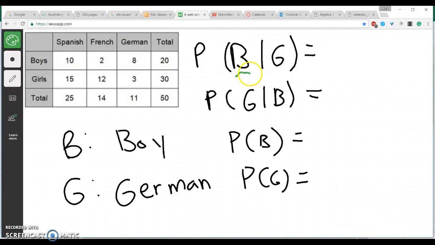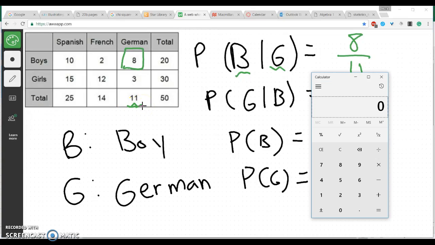Okay, so we're going to do the probability of B given G. So the probability of B, given that the person has taken German, so that would be 8, because there's 8 boys if you take German, and that would be over 11, because there's a total of 11 people taking German, which, if we do this, would be about 73%.